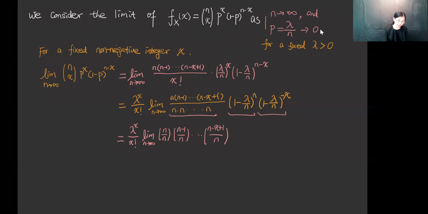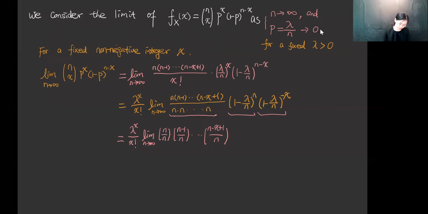All these x terms have the limit 1, because when n is approaching infinity, x is fixed. So the limit of this ratio approaches 1. So all of these approach 1, their product also approaches 1.